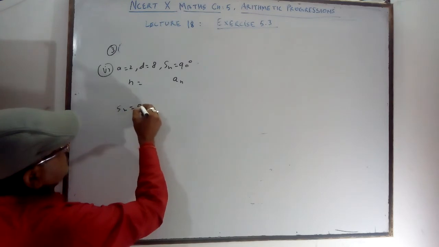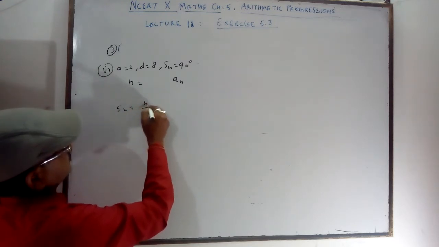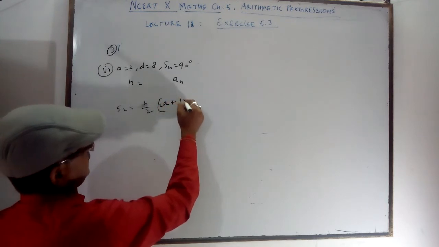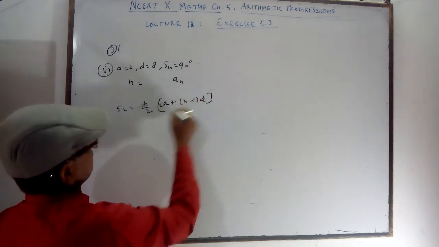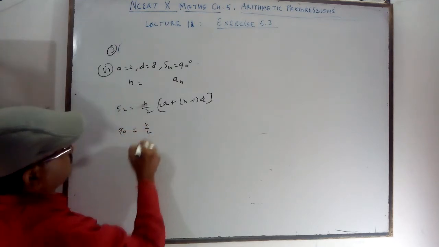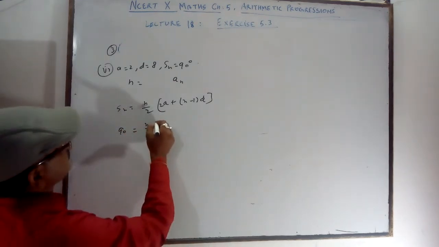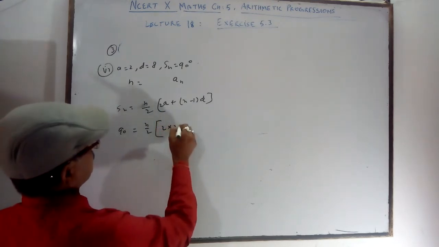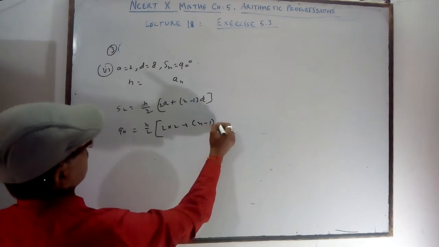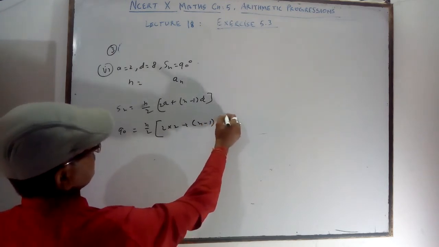Sn is equal to N by 2, 2A plus N minus 1 into D. So what is the Sn given? 90 is equal to N by 2, 2 into 2, 2A means 2 into 2, plus N minus 1 into D, D means 8.